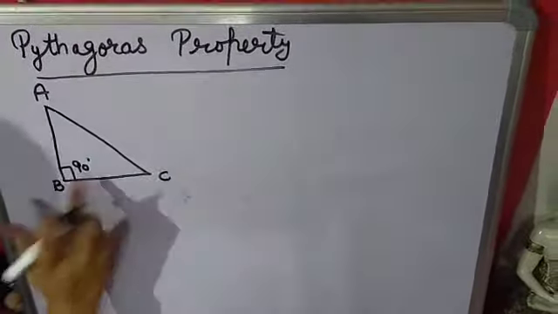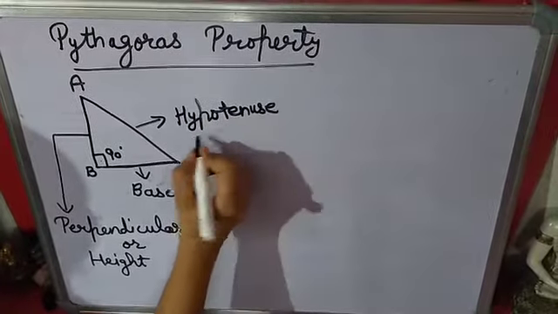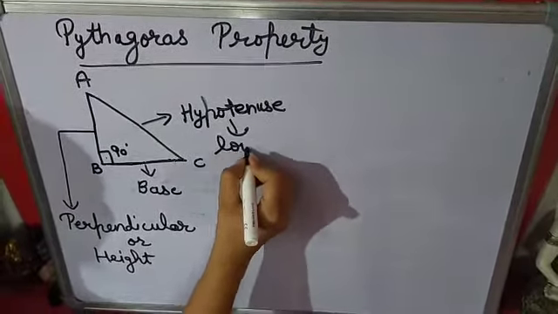Okay, and this side, that is opposite of the 90 degree angle, this is the longest side of this right angle triangle. This is called hypotenuse. So this is hypotenuse. This is the longest side of a triangle.